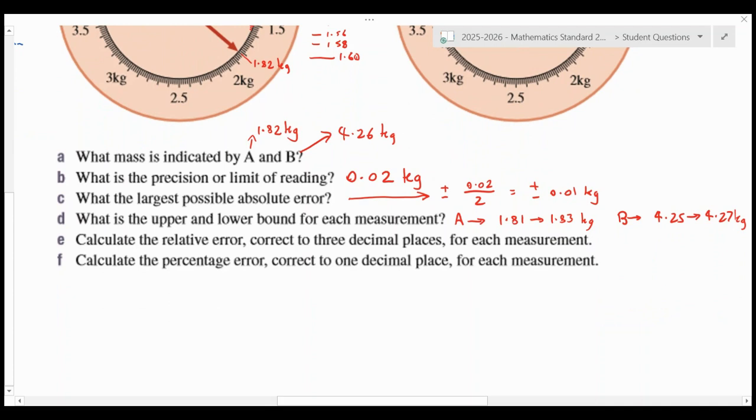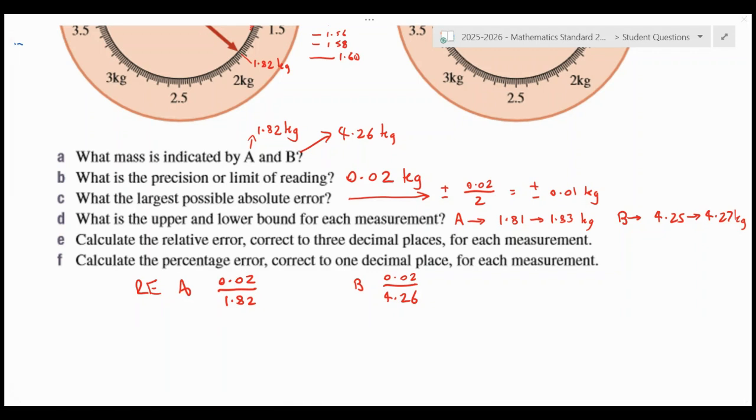But it's the same process. So the relative error for A is going to be the absolute error, which is 0.02 divided by the measurement we took, which is 1.82. And the absolute error for B is going to be 0.02, because that's still the absolute error, divided by the 4.26, which was the measurement we took.